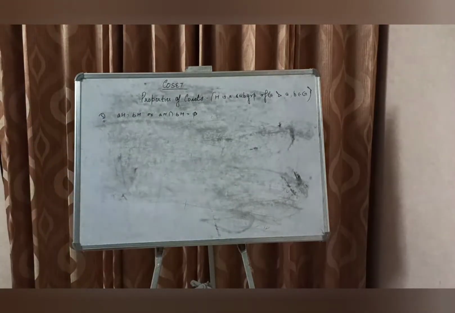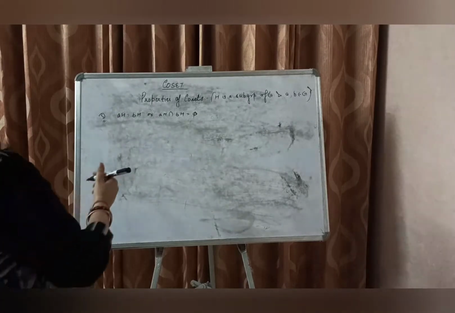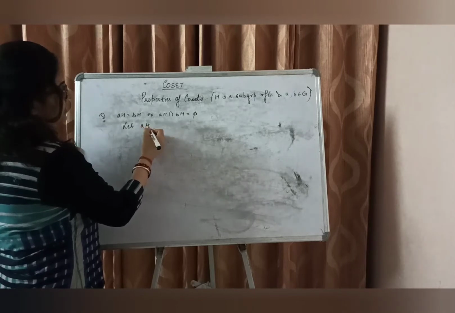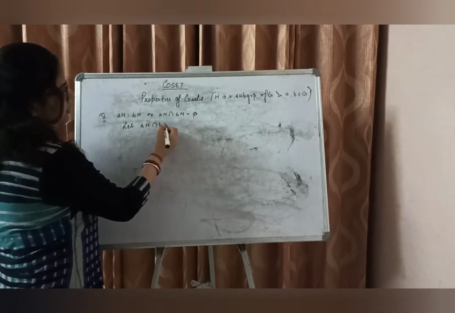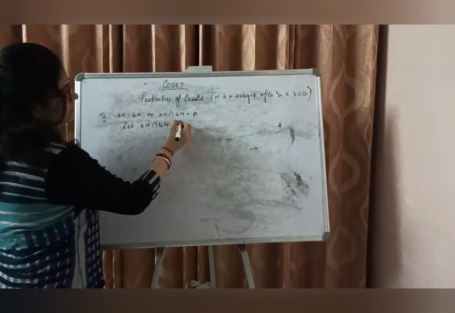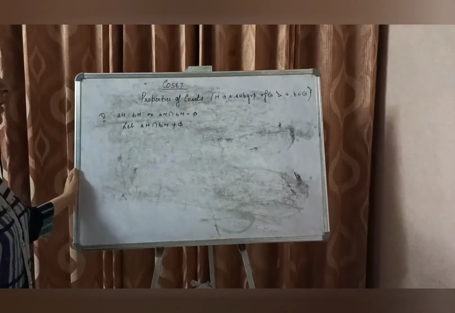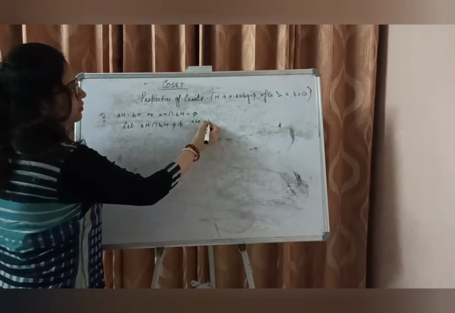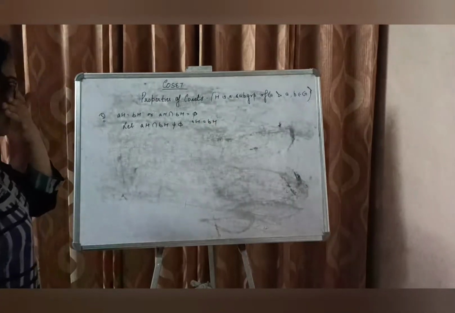we shall assume AH intersection BH is not equal to empty set. Now we shall prove that AH is equal to BH.